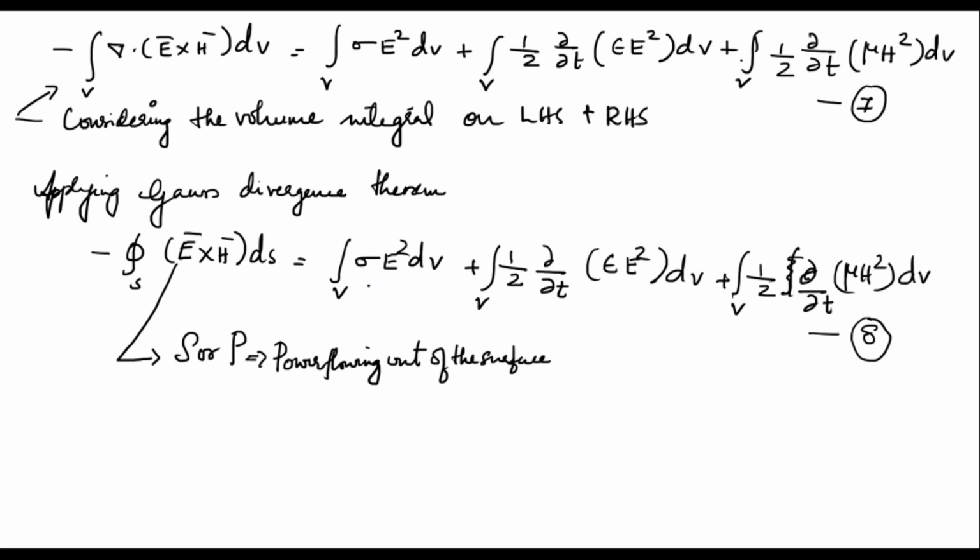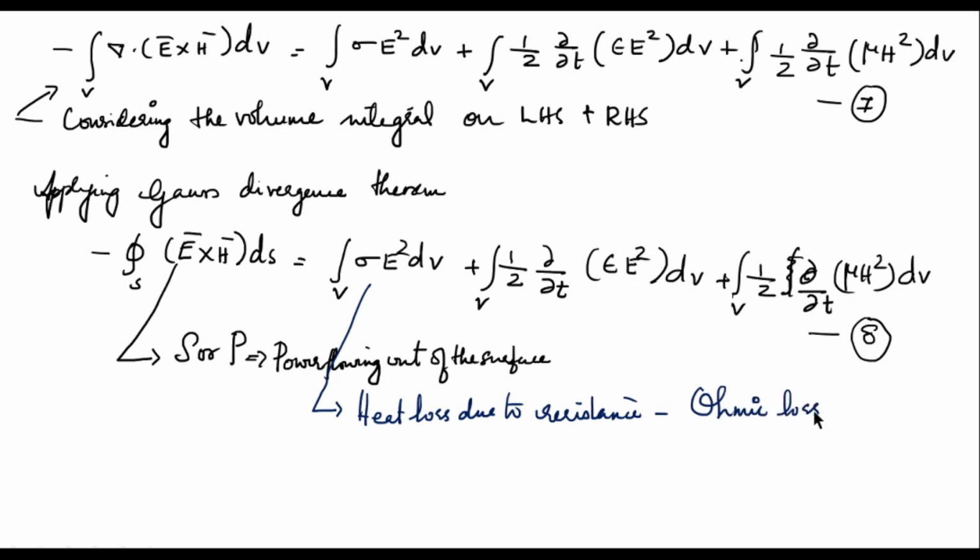You will see the first term on the right hand side. The first term is integral over V sigma E square dV, that is the heat loss due to resistance, or it is known as the ohmic loss.